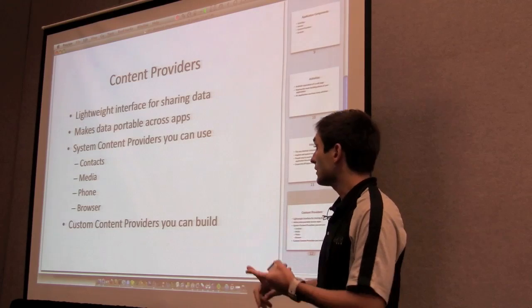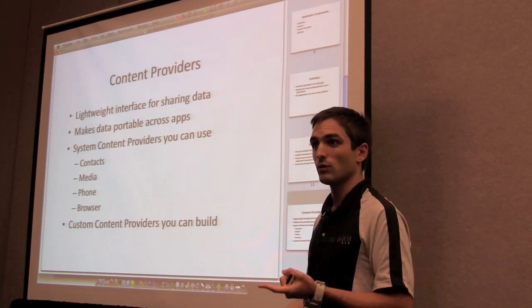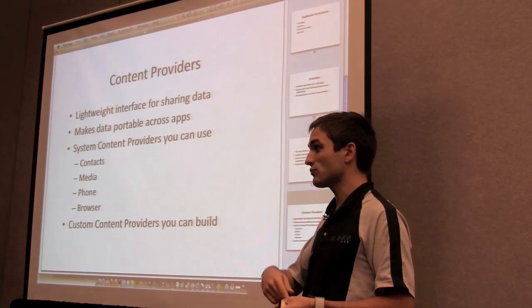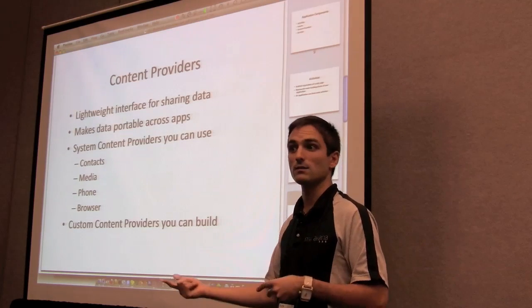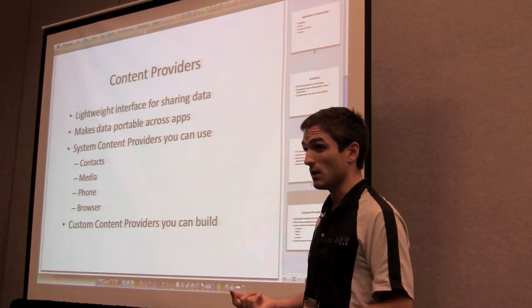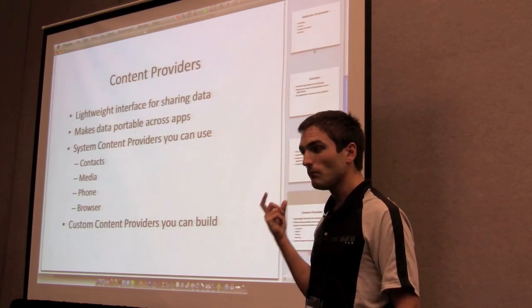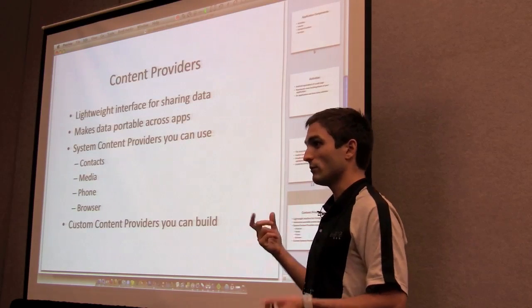So contacts are one example that serve that. All the settings on the phone work the same way. So if you want to write an app that's checking or changing the settings on your phone, you can use the same mechanism. Media, for example, works the same way. So for example, I snap a photo of something with my camera.